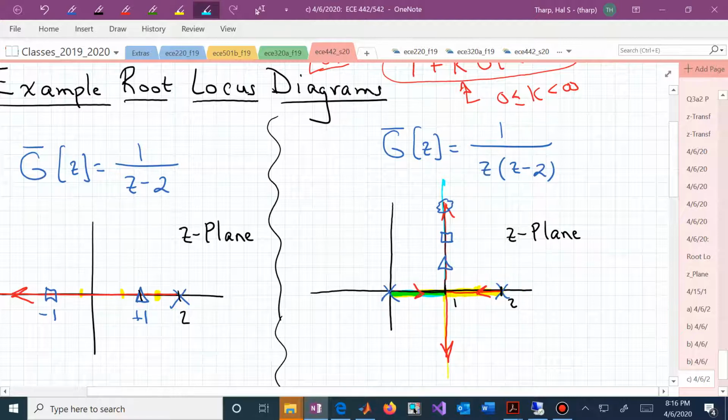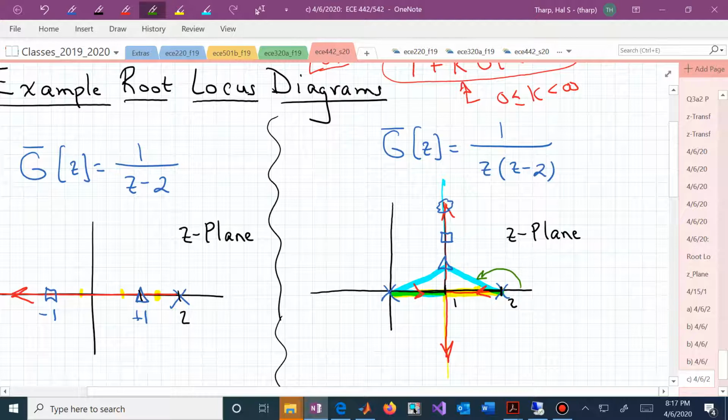And why does it make that right angle and then go directly up and down as we increase k from 0 to infinity? If we look at this particular triangle location, what's the angle contributed by both of those poles in combination?